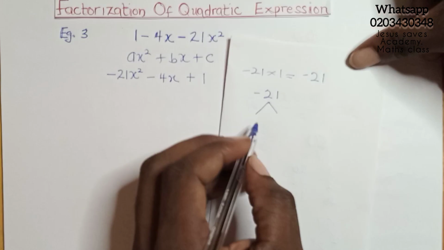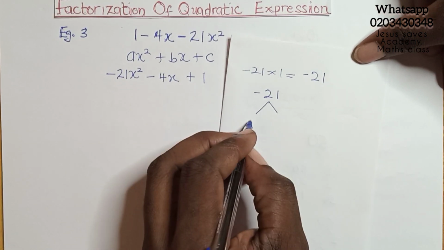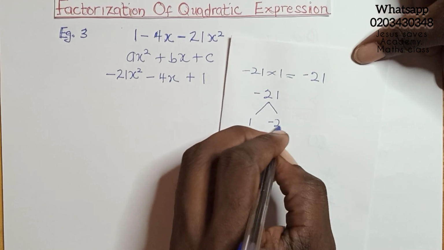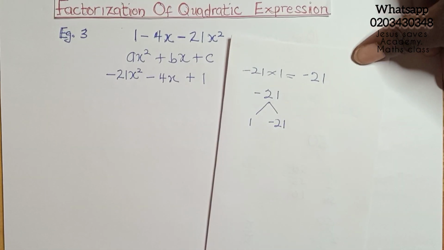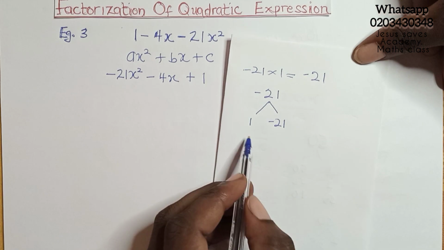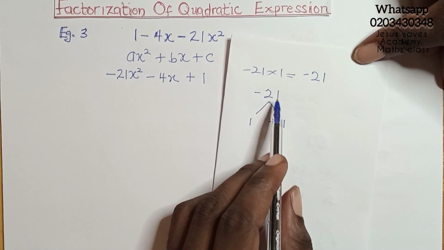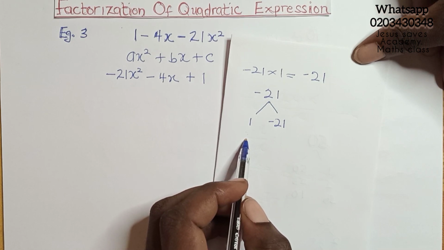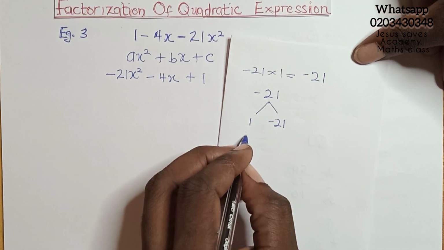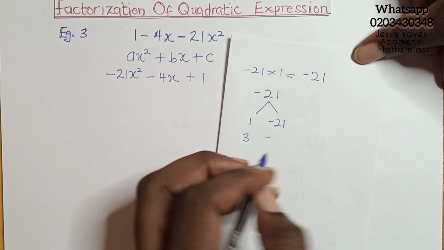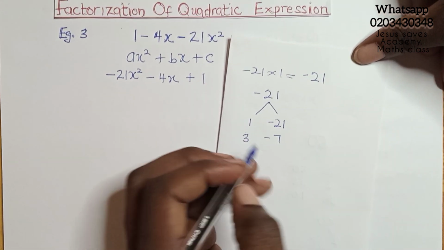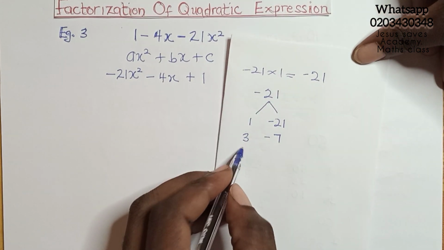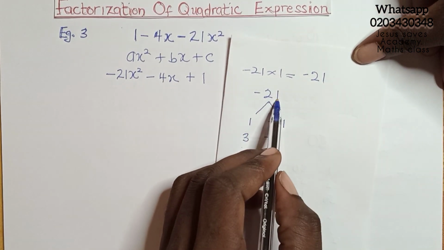First, we take 1, which goes into negative 21 negative 21 times. 2 cannot divide because this is an odd number. The next number is 3, which can divide 21, negative 7 times. So 3 times 7 is 21. Can 5 divide it? No.